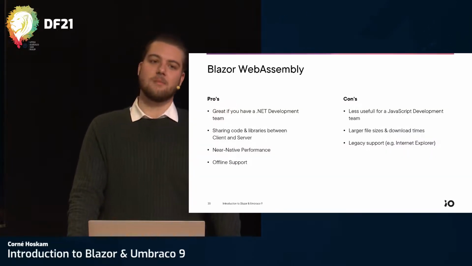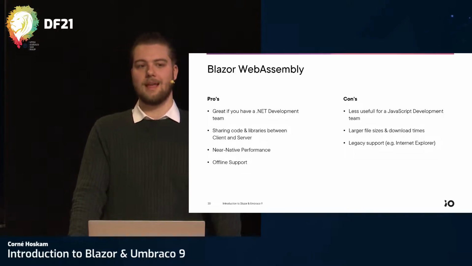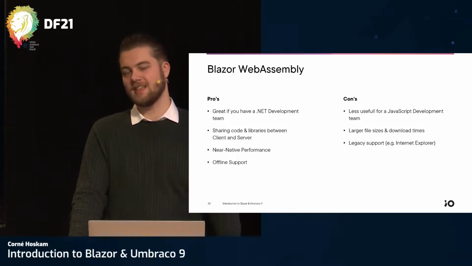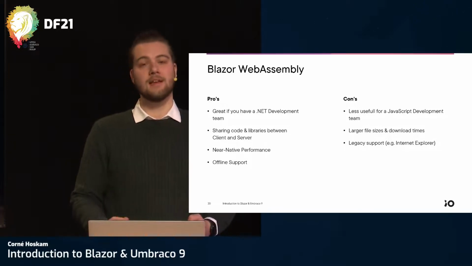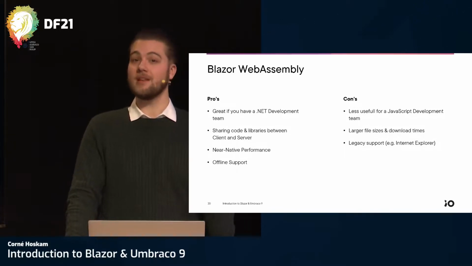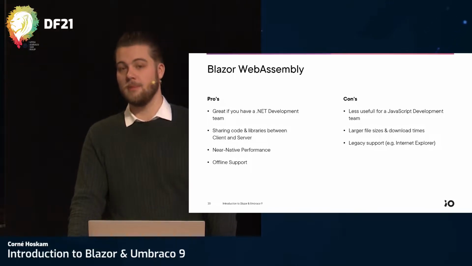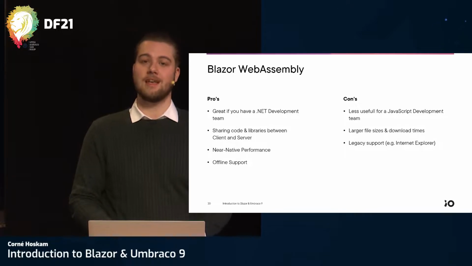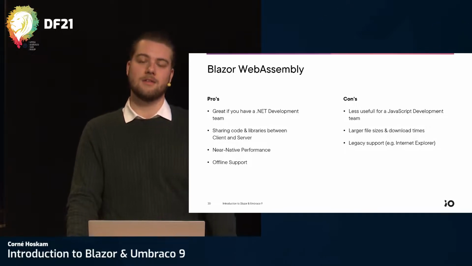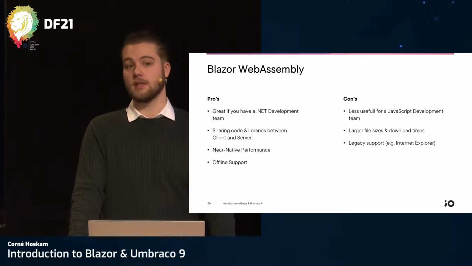So taking a look at Blazor WebAssembly first, the first couple of points share the same pros and cons as Blazor server-side. Using Blazor WebAssembly for your client would be great if you have a .NET development team, because everything stays within the same code, same libraries, and the same things that all your developers are familiar with.